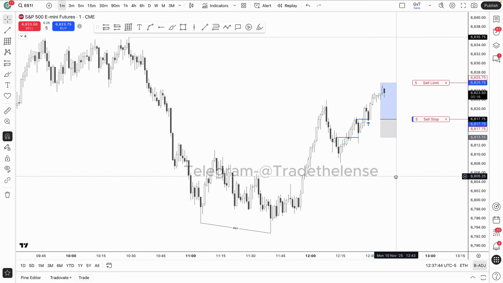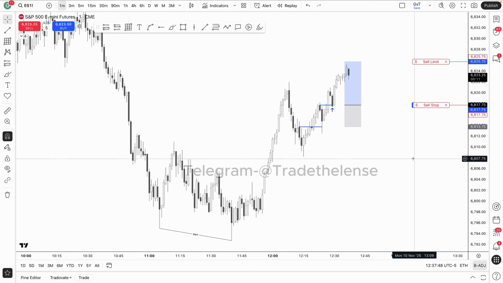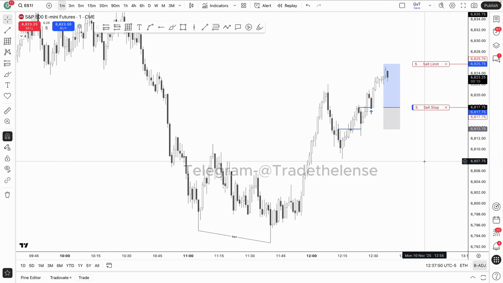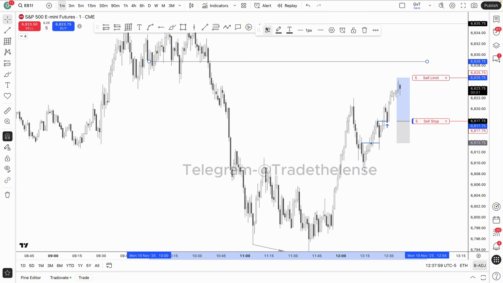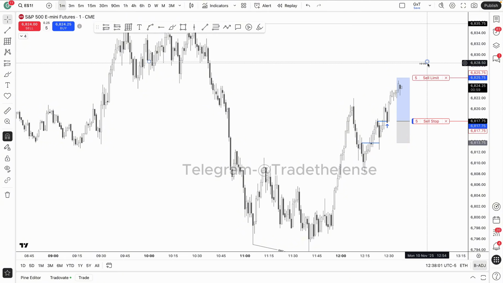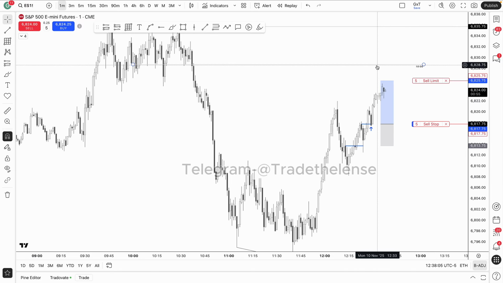I assume this one's going to hit first. We could low-key target the 10 a.m. high.